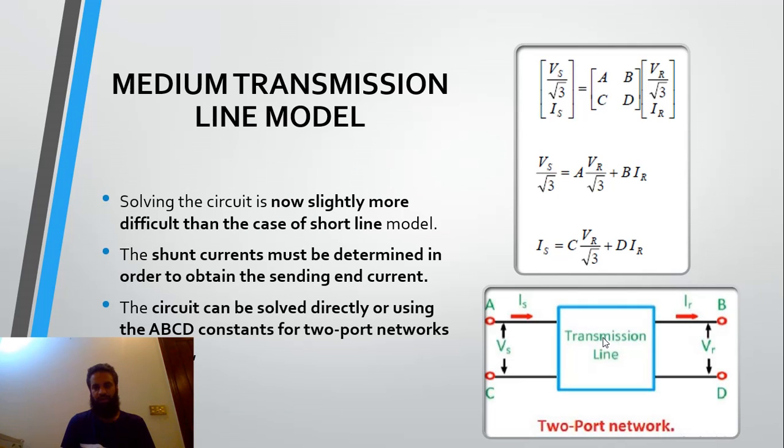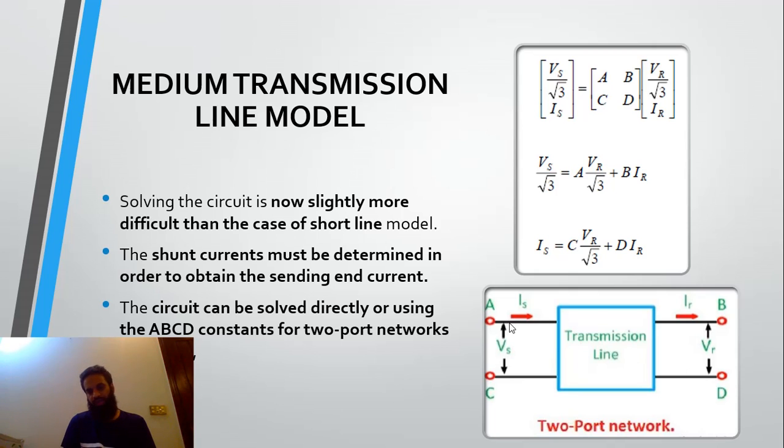Now if we calculate ABCD parameters of the medium transmission line, then for the parameters we consider the transmission line as a black box. It has two inputs and two outputs. The input is sending end voltage and sending end current, while the output is receiving end current and receiving end voltage.